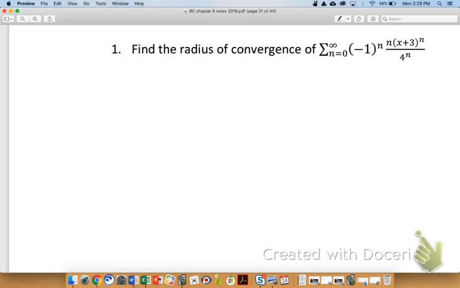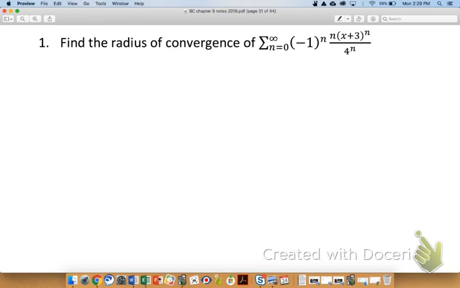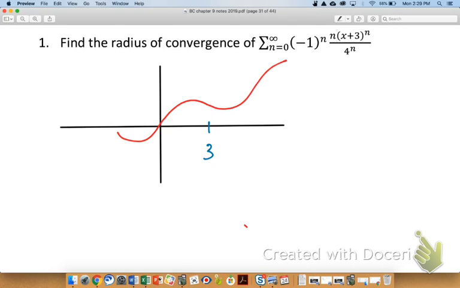I'll just draw a graph for you. So let's say your centering point is 3, and let's say that the actual graph of whatever function is generating this, we don't know what that function is necessarily, but let's say that function does this.